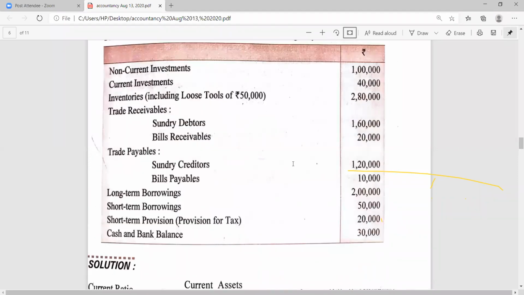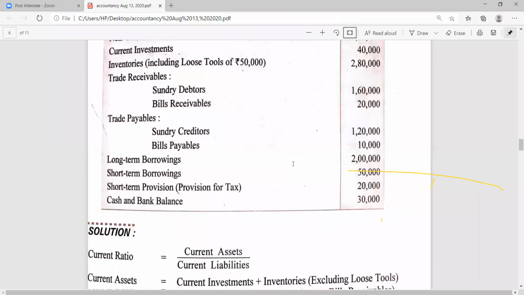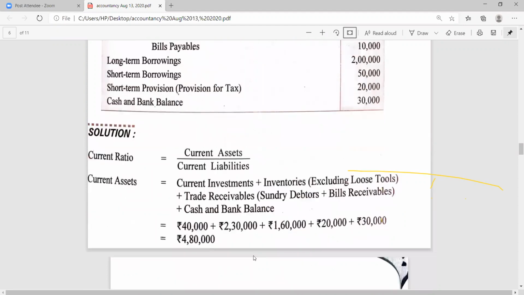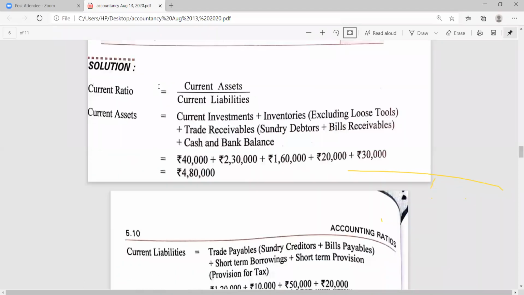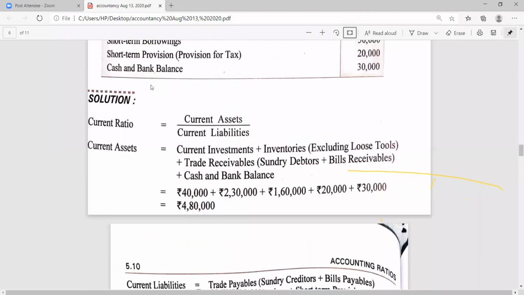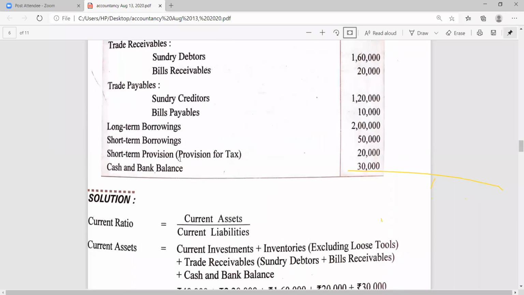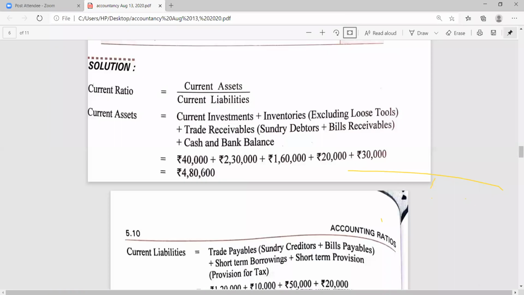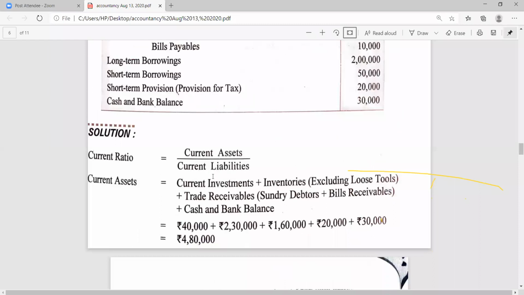Trade receivables, yes, sundry debtors as well as bills receivable, in total 1,60,000 plus 20,000. Both are to be considered. Trade payables are current liabilities. Long-term borrowing not included. Short-term borrowing is included in current liabilities, and trade payables are included in current liabilities. Short-term provisions, that is provision for tax, are also considered while assessing the current liability. Cash and bank.